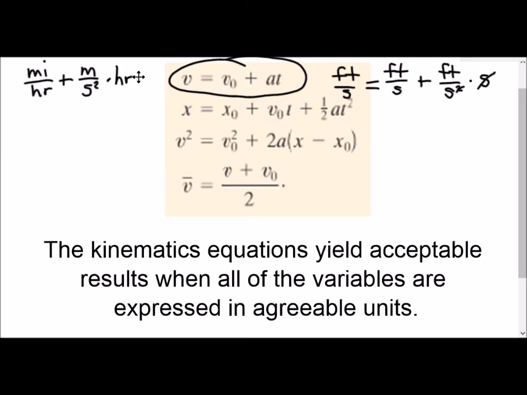Well, even though this relationship still holds true, that initial velocity plus acceleration times time gives you final velocity, I'm not going to get a very understandable answer with this because these units aren't going to cancel out and add together properly. So in order for me to be able to evaluate the answer with these numbers, I would actually need to convert these units so that they were all agreeable. So let me show you a real example with some actual numbers to see what I'm talking about.